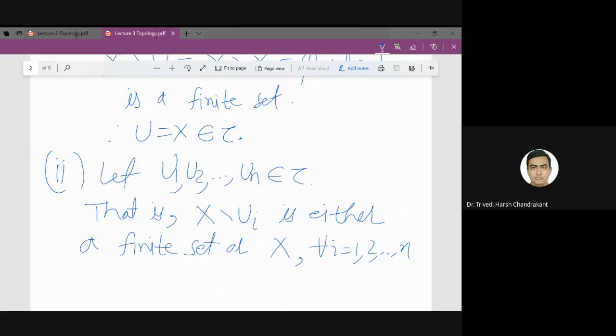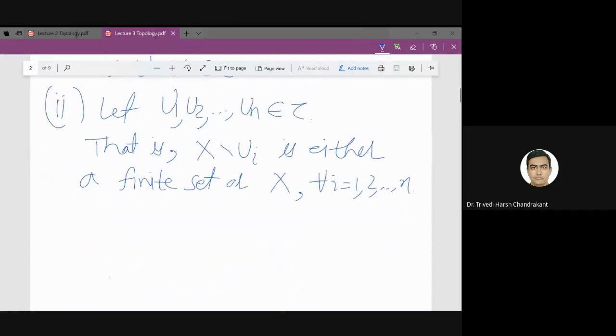So this is coming from the definition of tau, the definition of the element of tau. So what we need to show in this second property is that the intersection over i equal to 1 to n of ui belongs to tau. So this is the property that tau is closed under finite intersection.